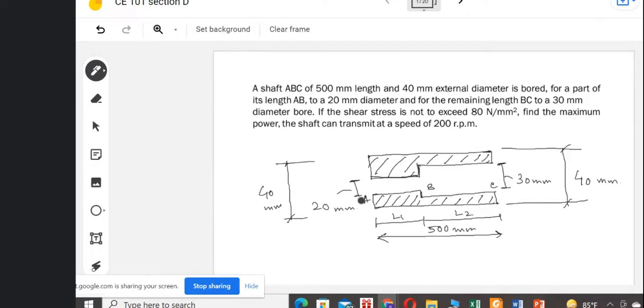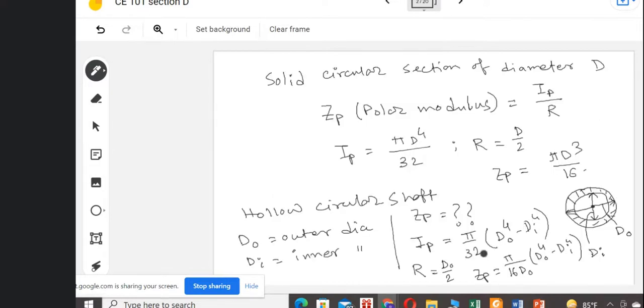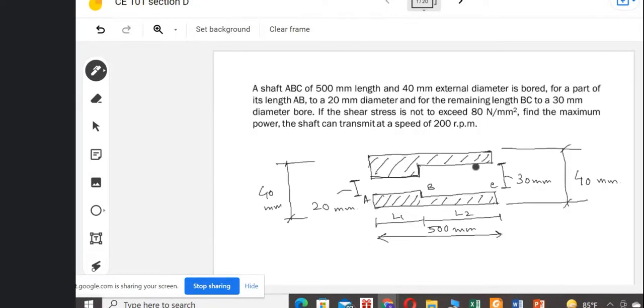And in between the internal diameter is 20. So now we can use these expressions to find out the polar modulus for these hollow sections where two diameters are given. So I told at that time that we do not know a couple of things about how we can solve this problem.